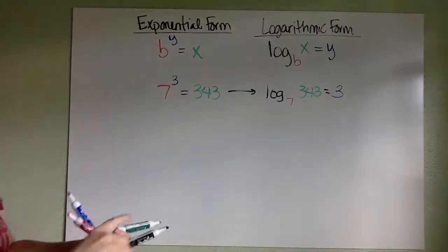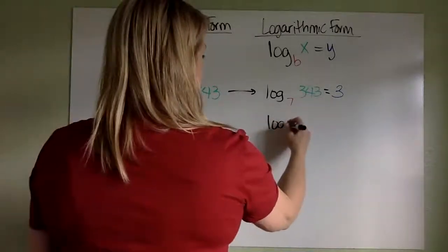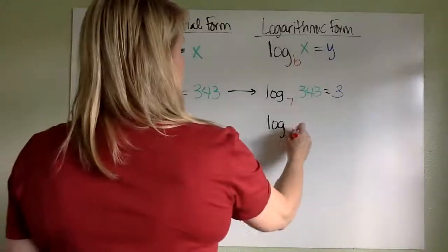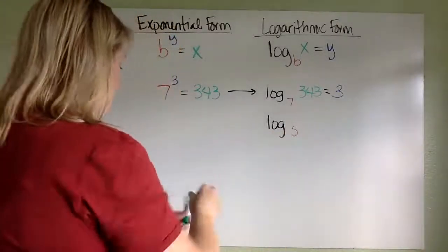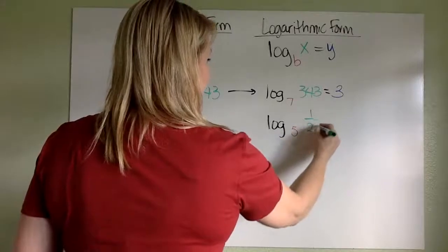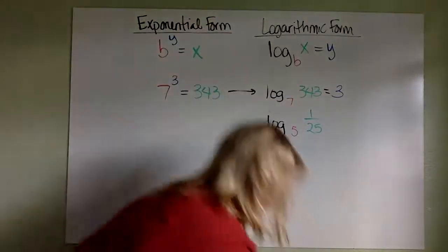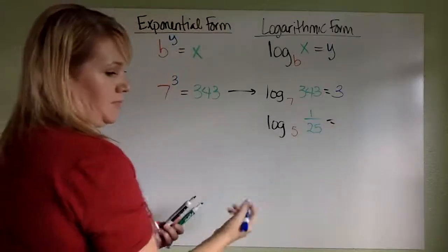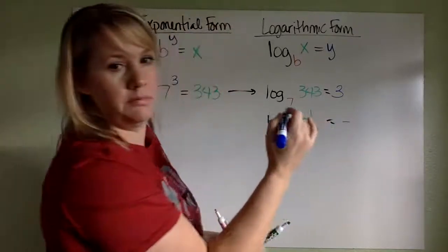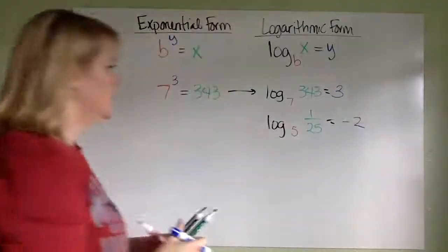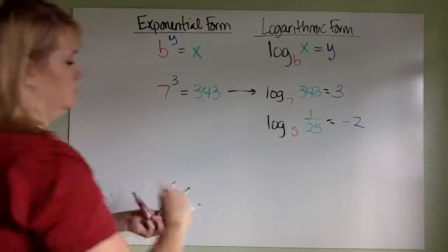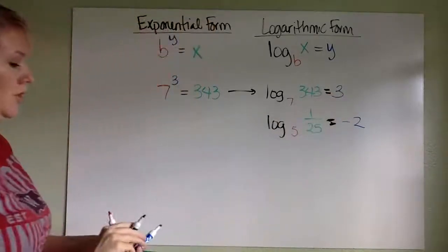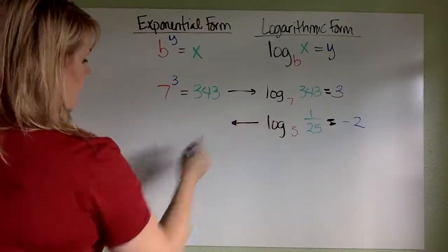So if I'm asked to go the other direction, log base 5 of 1/25 equals -2. Dropping my pens has got me a little flustered. Okay, so then we move back to exponential form.